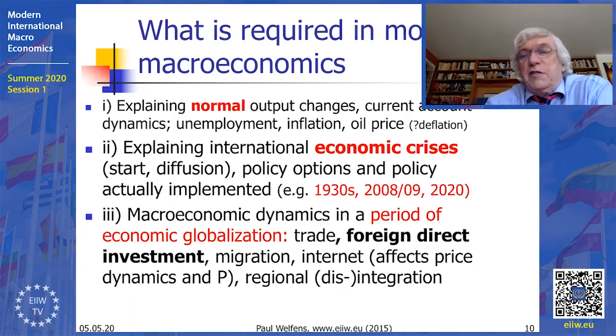And as there was so much privatization around the world, also the asset menu became larger, certainly in OECD countries, but again, also in some newly industrializing countries. We have migration, we have the internet, so that affects price dynamics and the price level respectively. We have regional integration and, okay, in the context of Brexit, also disintegration.